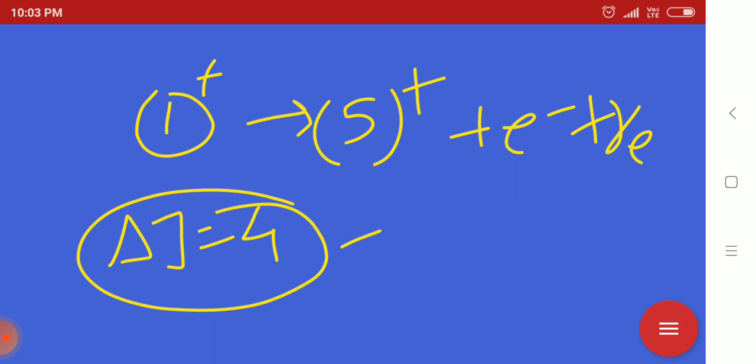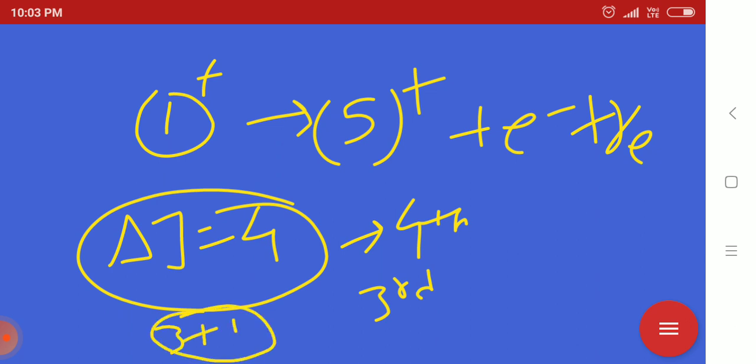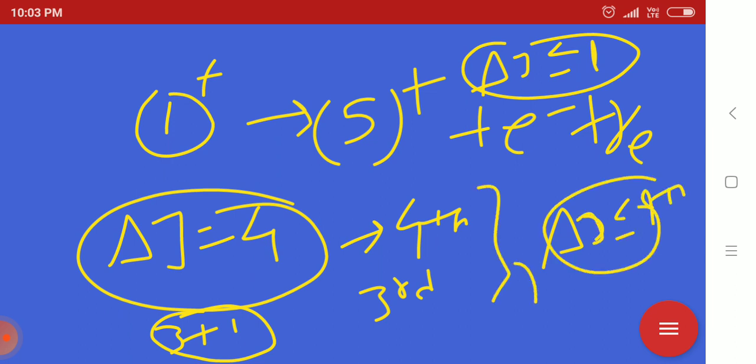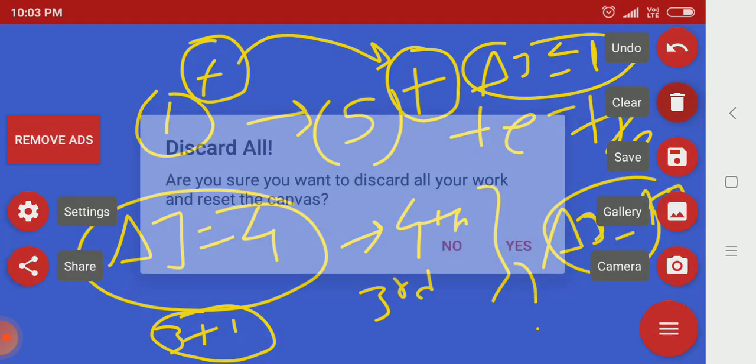Now what type of forbidden is it? Is it fourth forbidden or third forbidden, because 4 can be written as 3 plus 1? As we can see, delta J can be less than or equal to L, and also less than or equal to L plus 1. But which one is valid, 4 or 3? It can be decided on the basis of parity.